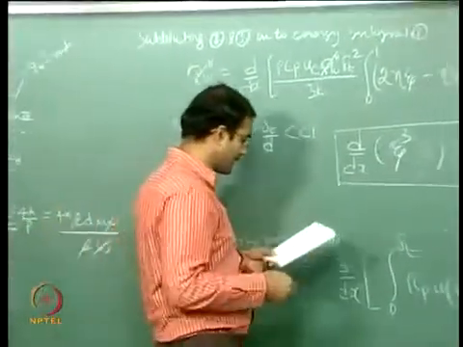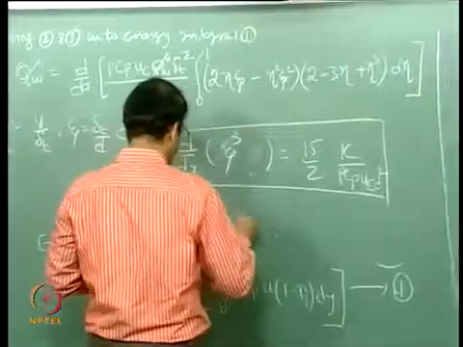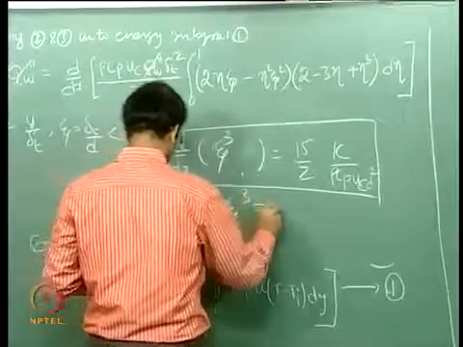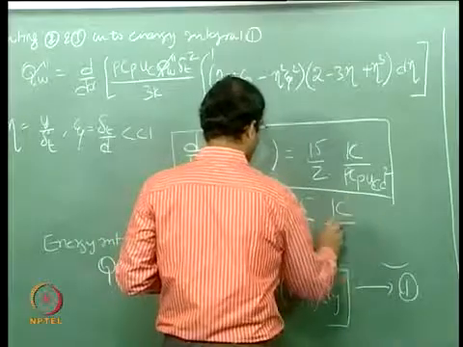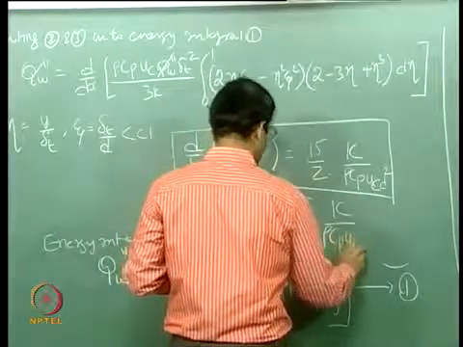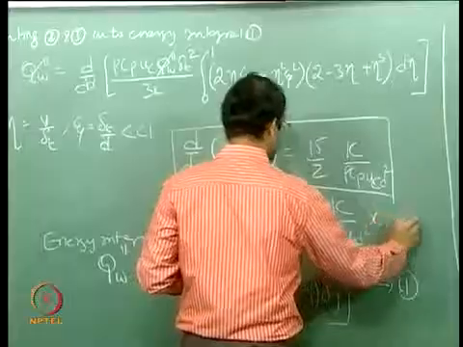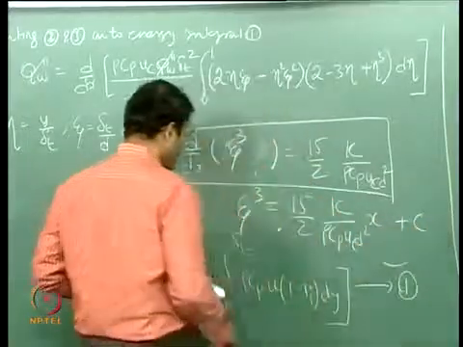I can now integrate it right away, and the resulting profile will be 15 by 2 k by rho Cp uc d square x plus a constant.